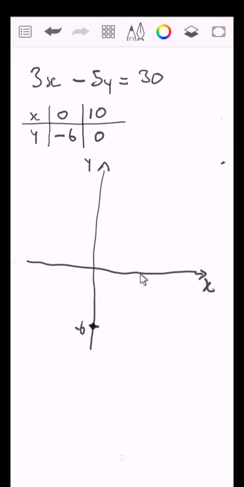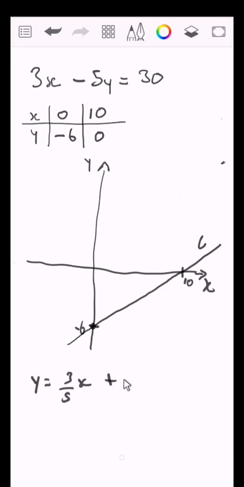When x is equal to 10, let's say here 10, y is 0. So the line goes like so. This is line L.